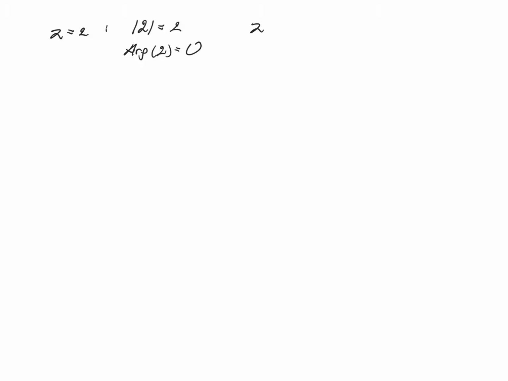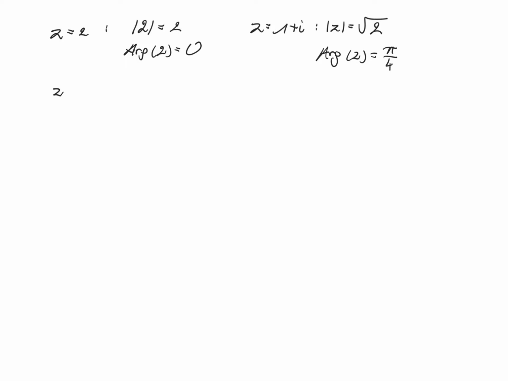If we take z is 1 plus i, then we can calculate the modulus of z as being the root of 2. So it's the root of x squared plus y squared, 1 plus 1 is 2, we take the root of it. And for the argument, we just take a look at the plot. If we draw this, we see that the tangent of theta is 1, and so the angle itself will be pi divided by 4.